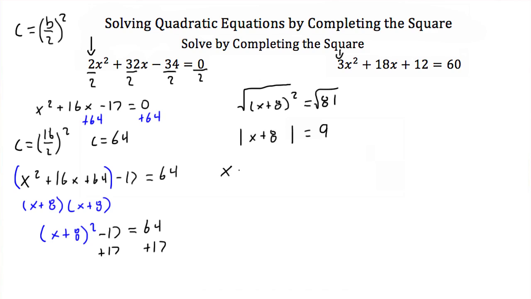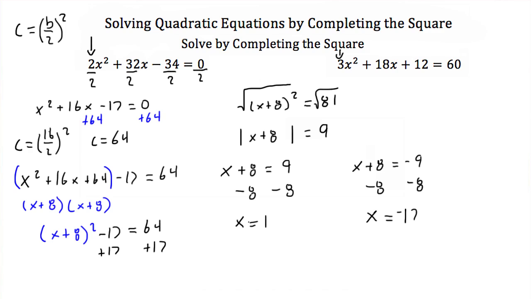So we'll have x plus 8 is equal to 9, and x plus 8 is equal to negative 9. My next step will be to subtract 8 from both sides on both equations, and we get x is equal to 1 and x is equal to negative 17. So my solutions for this quadratic equation then are x is equal to 1 or x is equal to negative 17.